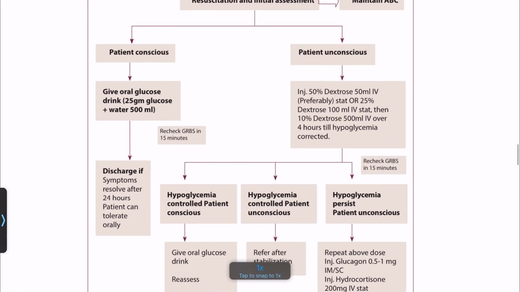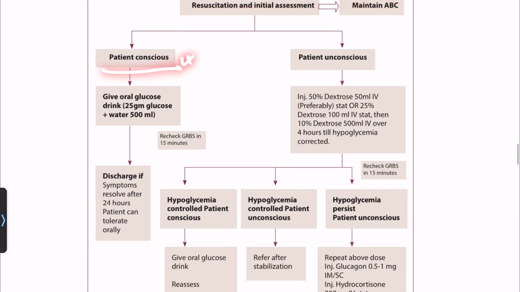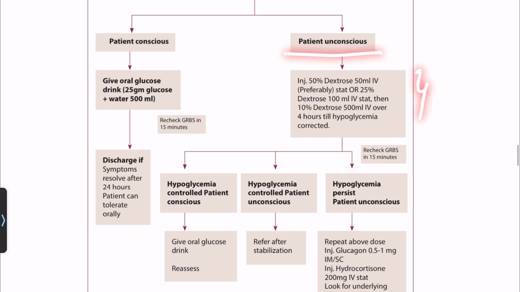Now this is a flowchart of hypoglycemia. Whenever a person has hypoglycemia, we need to do resuscitation and initial assessment, and maintain airway, breathing, and circulation. If the patient is conscious, we will treat them orally and discharge after 24 hours if the symptoms have resolved. If the patient is unconscious, we will treat parenterally by giving D25 or D10.